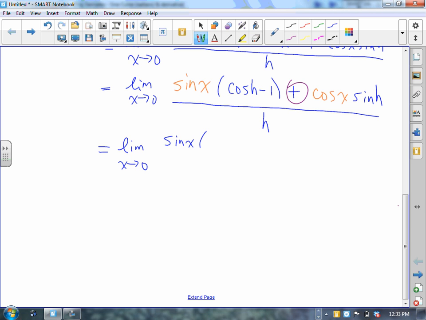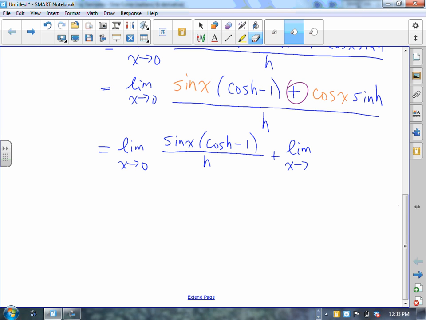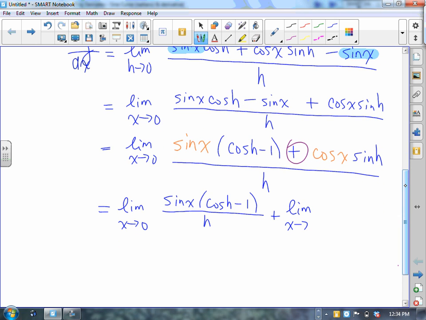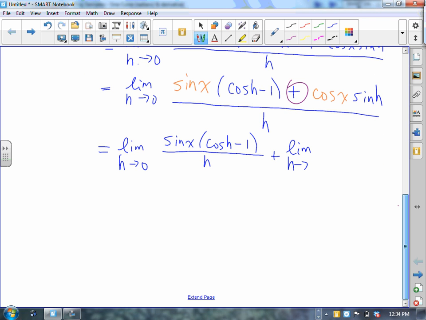So the sine of x times the cos of h minus 1 over h, plus the limit as h approaches 0 of the remaining term, cos x sine h all over h. I was writing x's down when they should all be h's, so let me fix that.